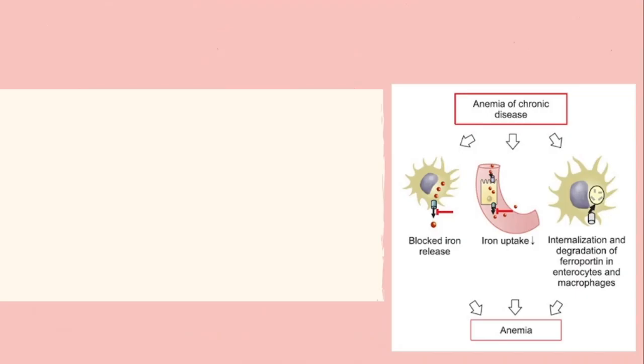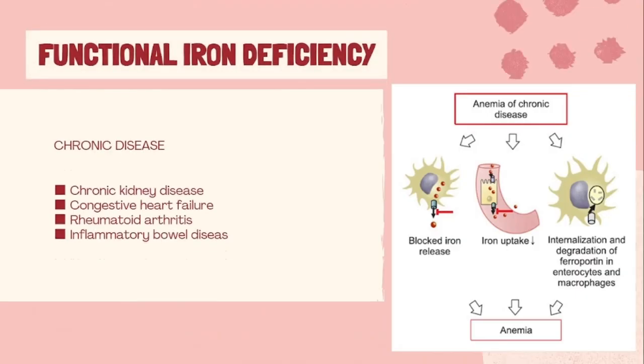Okay, so another type of anemia that we need to discuss is functional iron deficiency, also called anemia of chronic disease. In this type of anemia, you usually have a good amount of iron, but the tricky part is you can't actually use it.